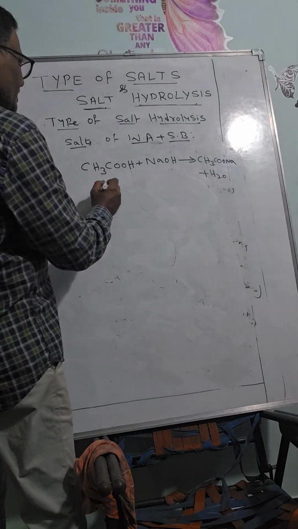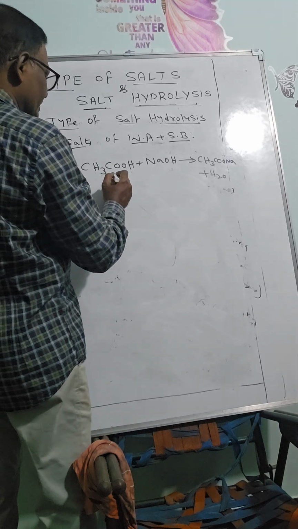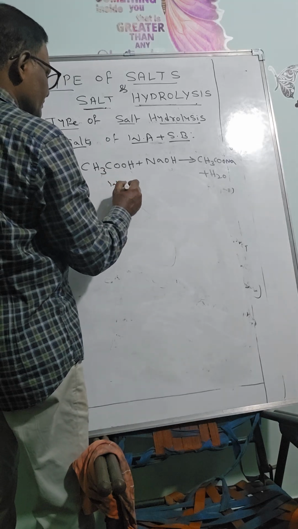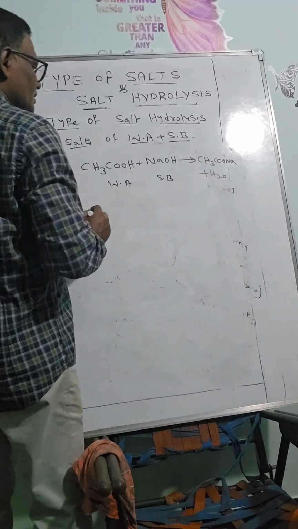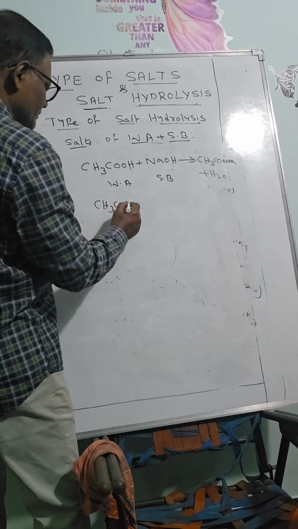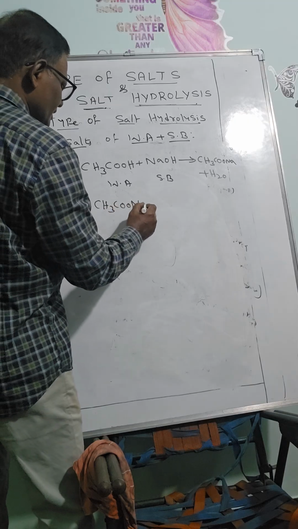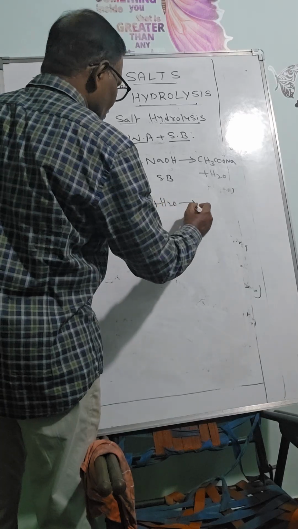So you know, weak acid partially undergoes ionization. It is a weak acid and a strong base to get the salt. Here CH3COONa, sodium acetate, reacts with water.